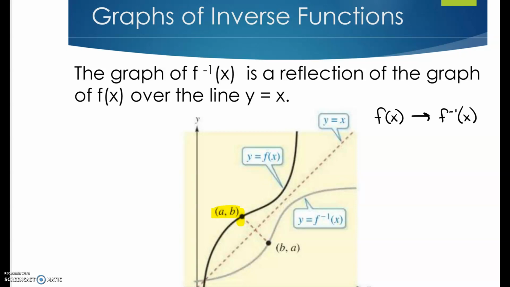So if the original point is (a, b), we are going to switch x and y. A is your x value, it's going to become the second number. b was the y value, it's going to become the x value. So you switch that a and b, and it becomes the point (b, a), and that's a point on the inverse.